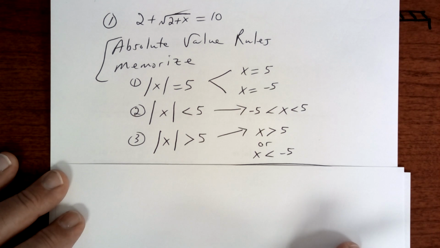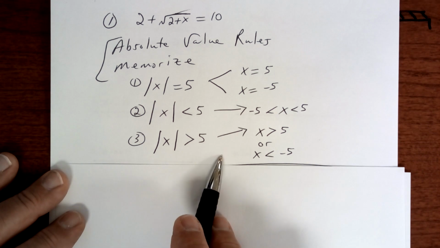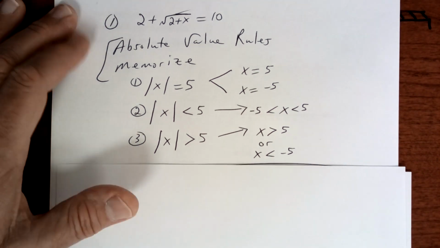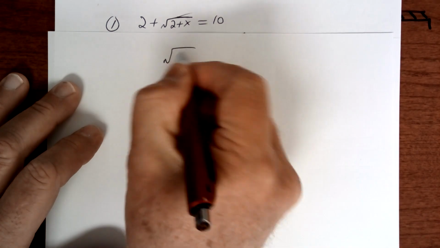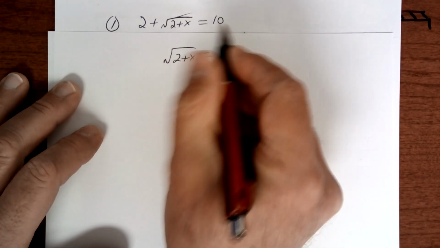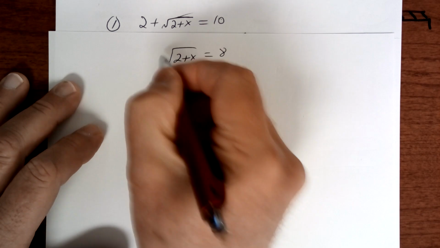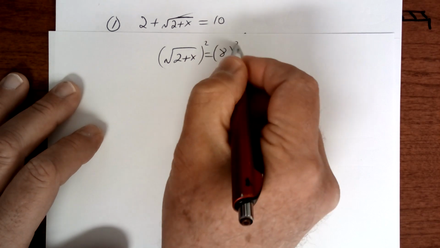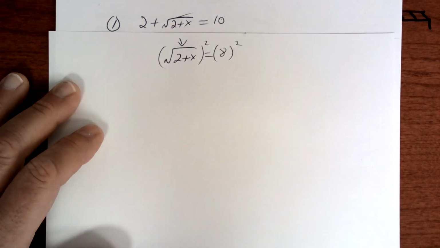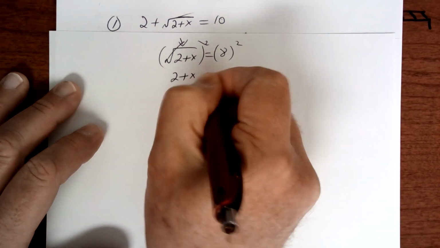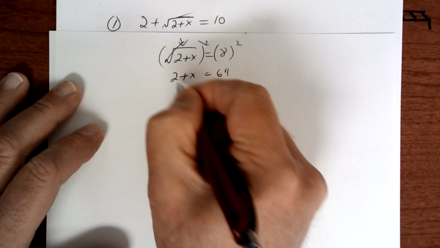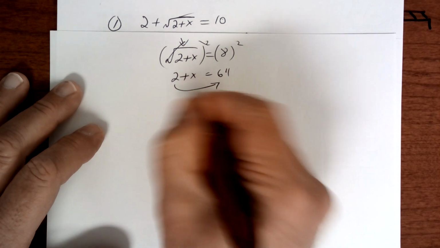First thing you're going to do is move the 2 to the other side. And then 10 minus 2 is 8. You're going to square both sides. Remember, isolate the radical. So this cancels. This gives you 64. Move that over there by subtracting 2 and get 62.